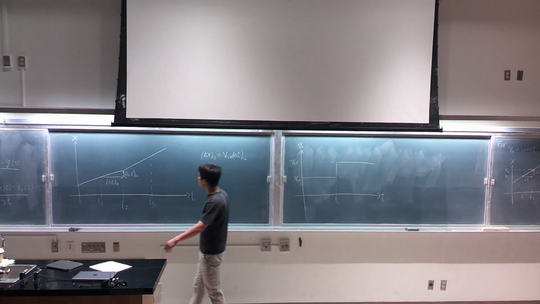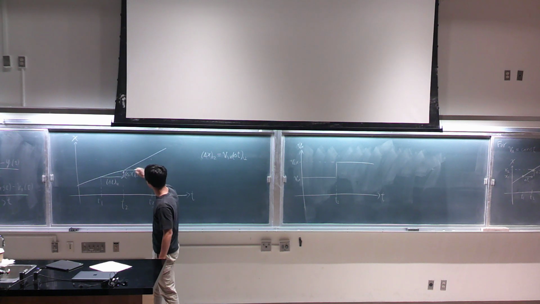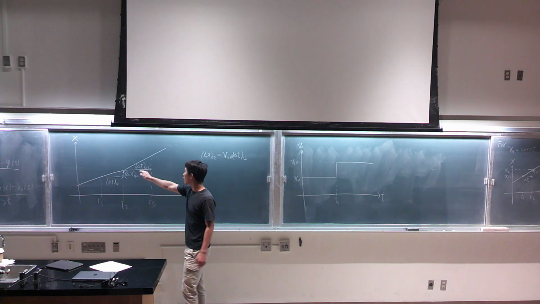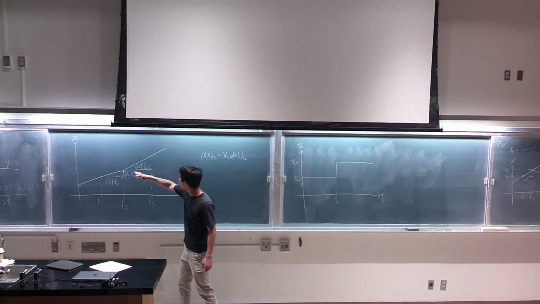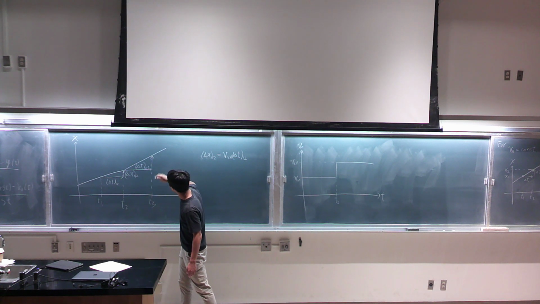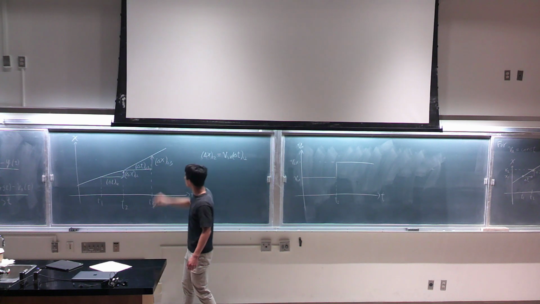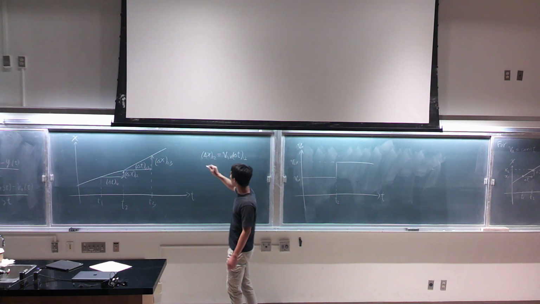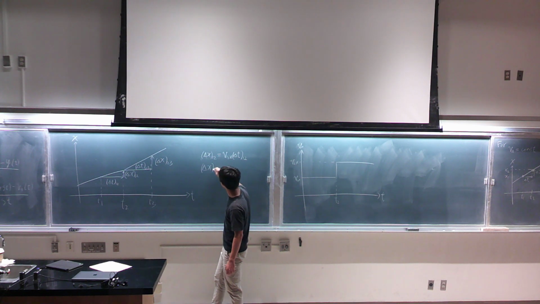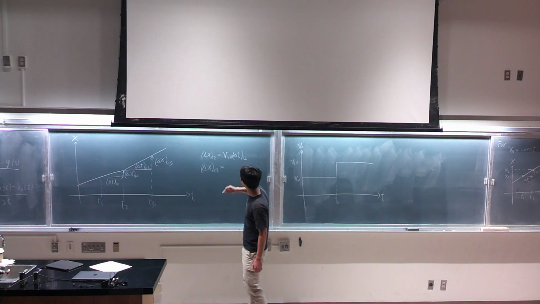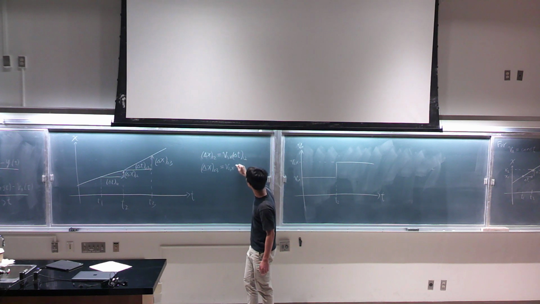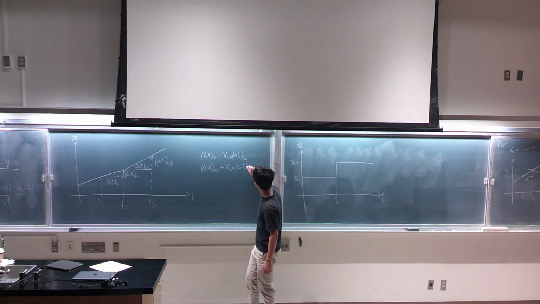So I can do the same thing for the second part. The change of time is delta t23, and during this time period, the x position has changed by delta x23. And you can do the same calculation to get delta x23, but you just need to use the x velocity for the second part of this particle's motion.